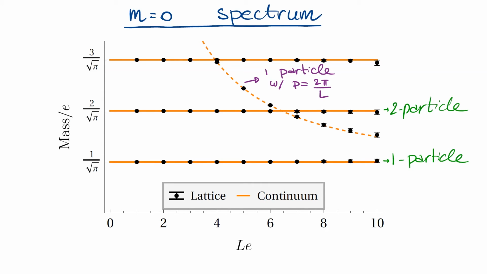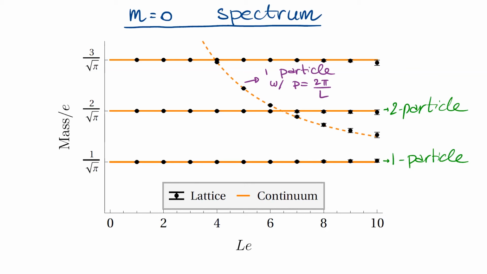And what you see is what you expect from a free theory. You see 1 particle states, 2 particle states, 3 particle states, and these are states with no momentum. You also have states with momentum that go around the circle, and the lowest one will be 2 pi over L, and this will be a 1 particle state with non-zero momentum. So this is what we expect to see, and this is what we see.